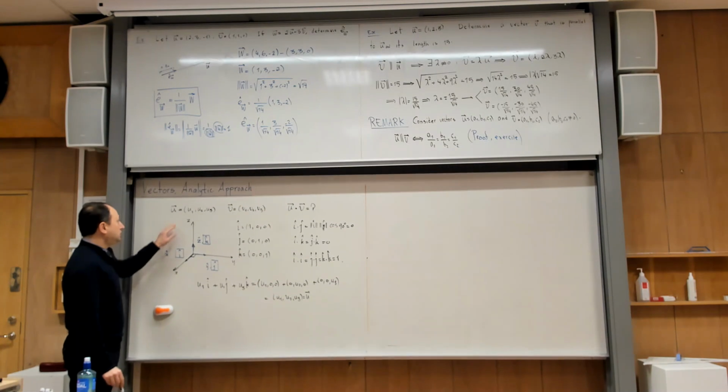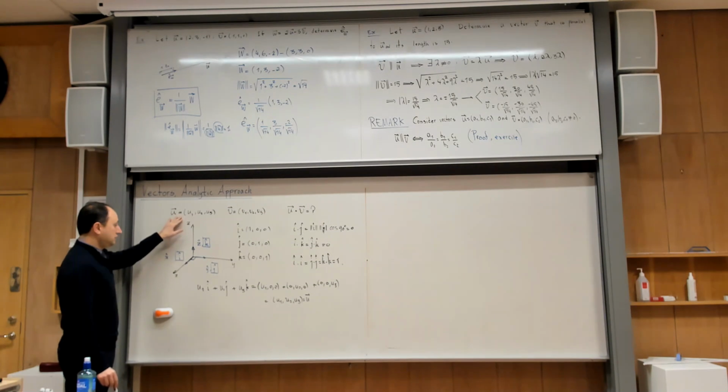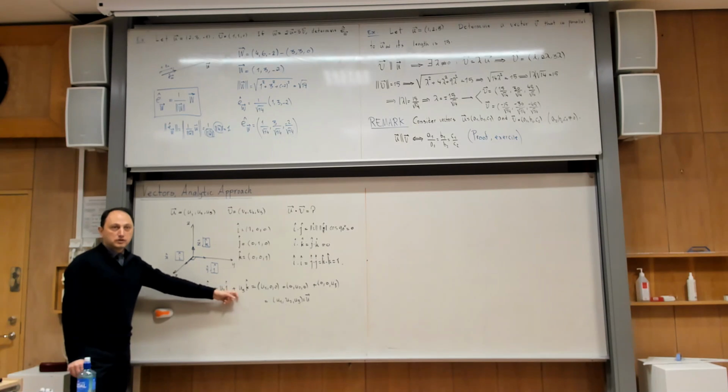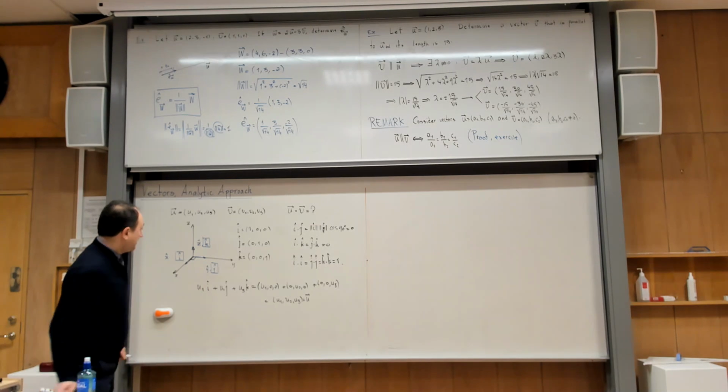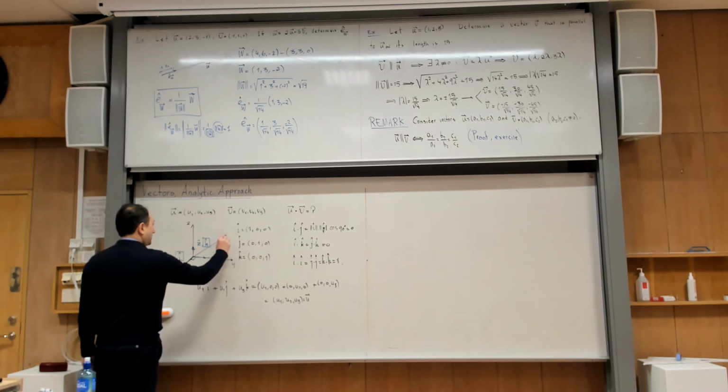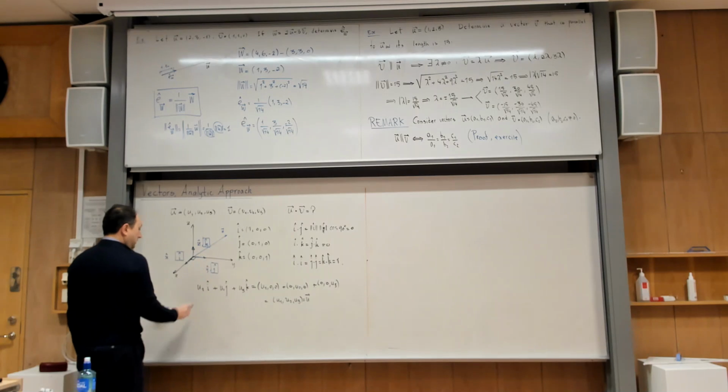You can decompose every vector into three components. Let us understand this vector. If this is my vector u, in this picture, this is easier for me to draw.